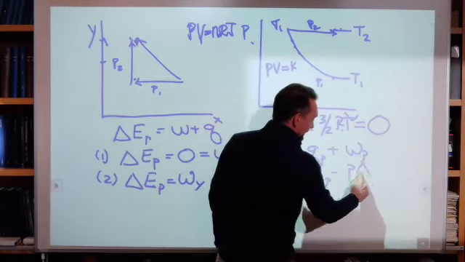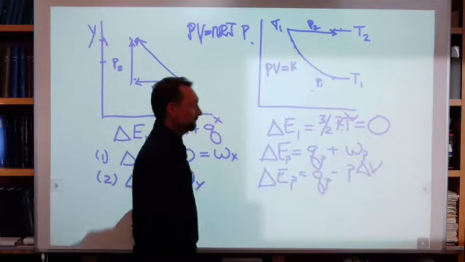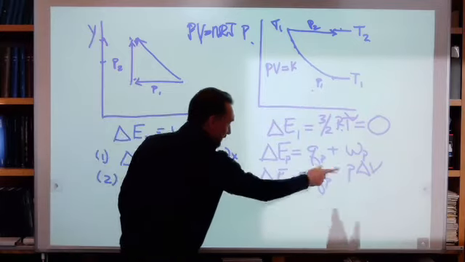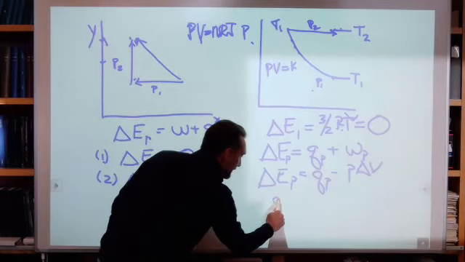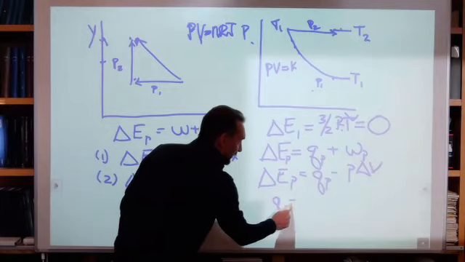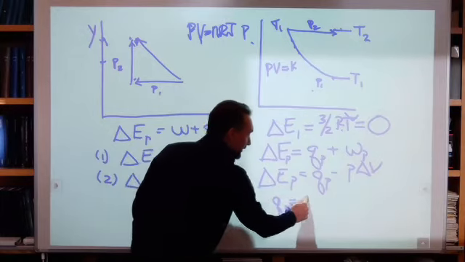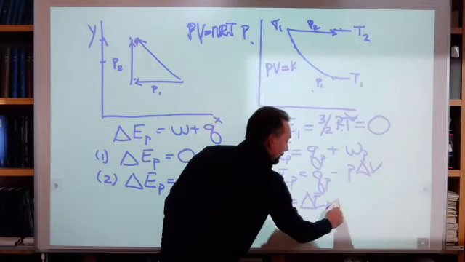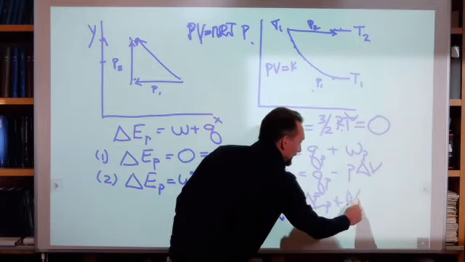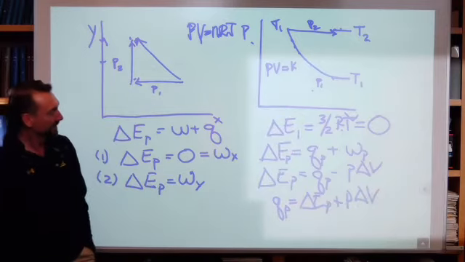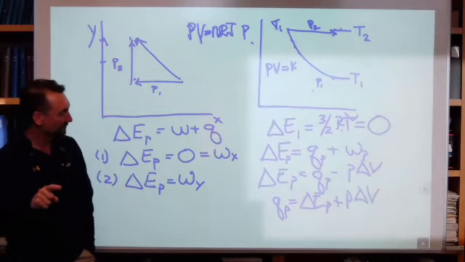Now I'm going to do something. I'm just going to rearrange this. So that means the constant pressure heat evolved is delta E sub P plus P delta V. Okay? So now I've done something kind of profound.